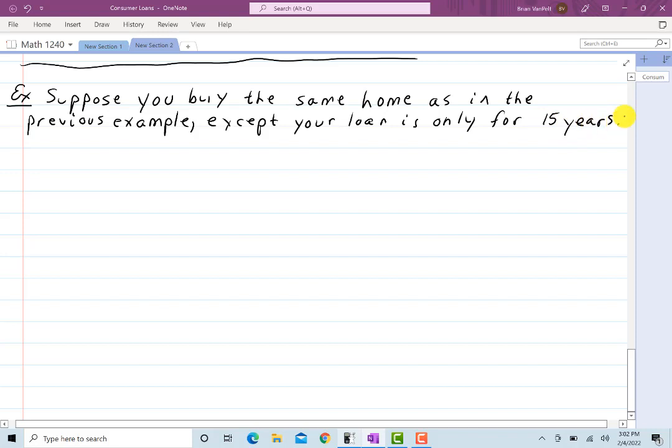Same interest rate, everything. So now, how much are your payments?